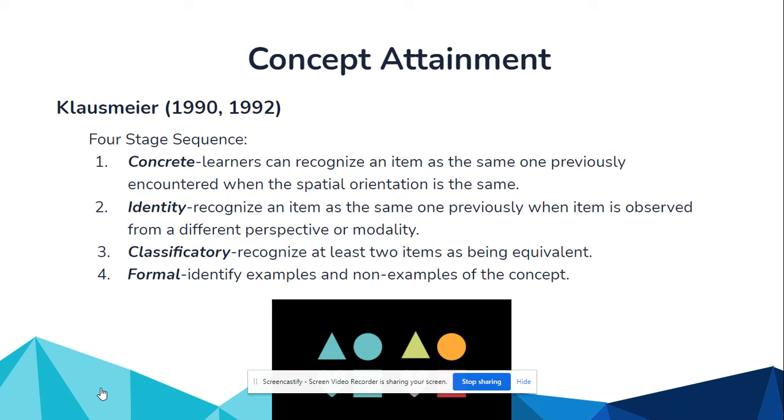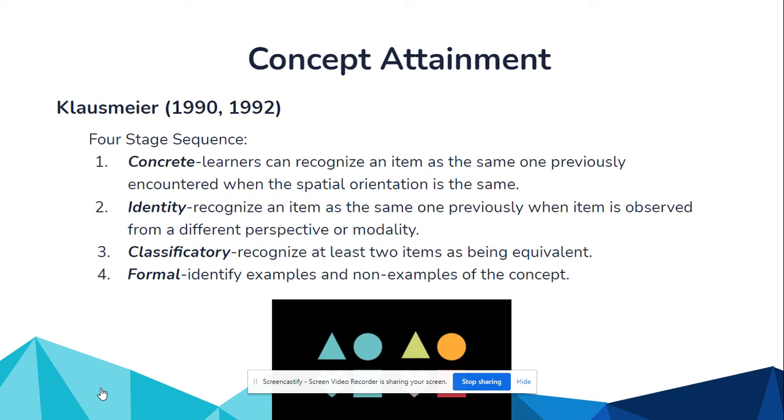The process of concept attainment represents the interaction of development, informal experiences, and formal education. So here is the four-stage sequence. Number one, concrete level. Learners can recognize an item as the same one previously encountered when the spatial orientation is the same. What does this mean?